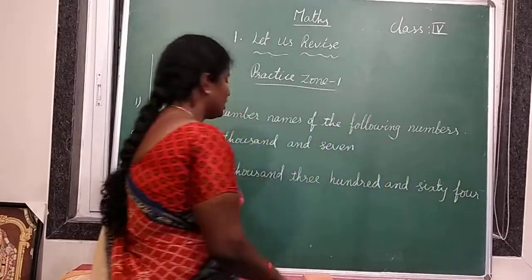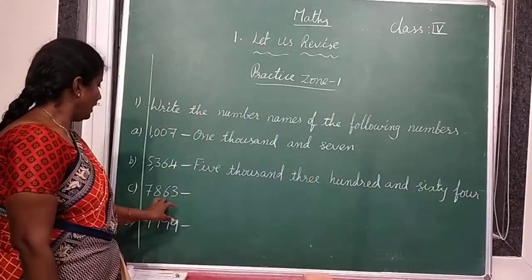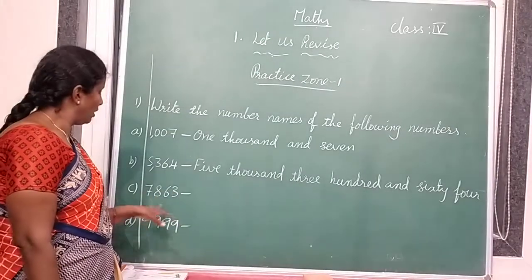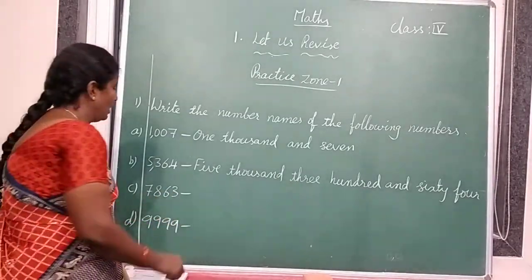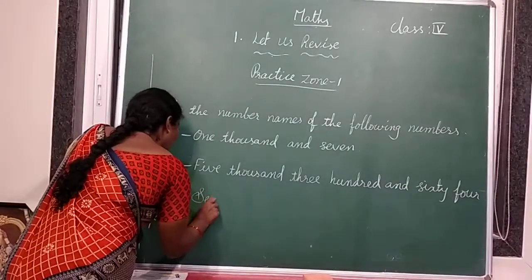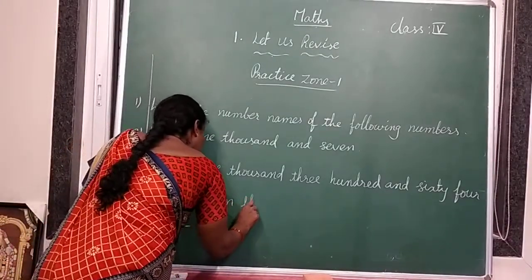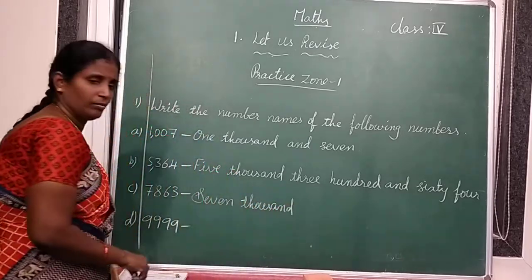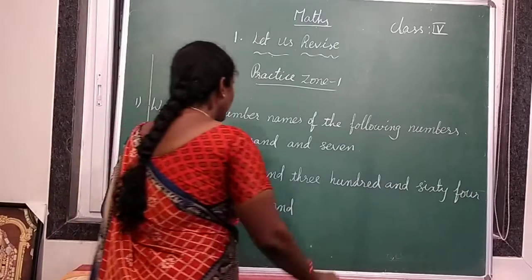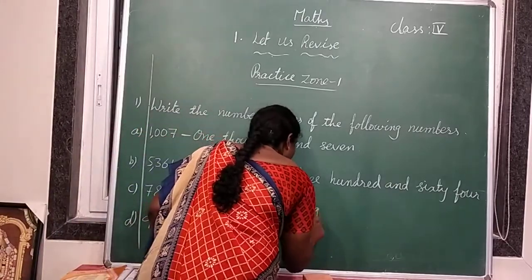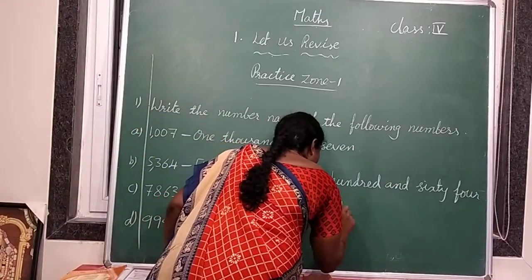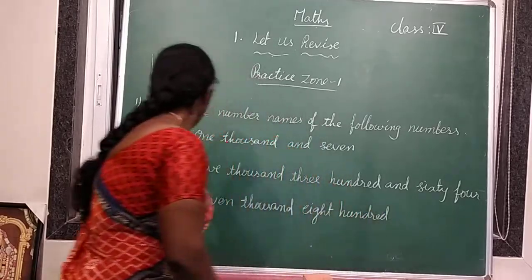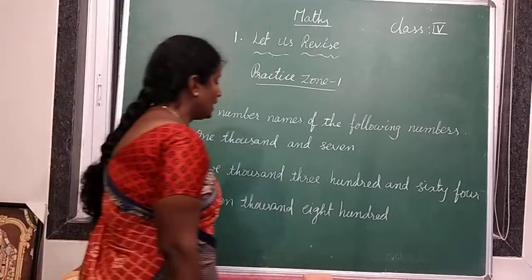Complete remaining 2 also. 7863. So what is the number name? 7,000. Right? 7,863. Very good.